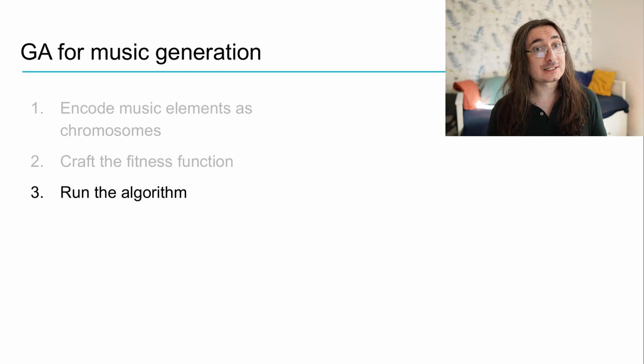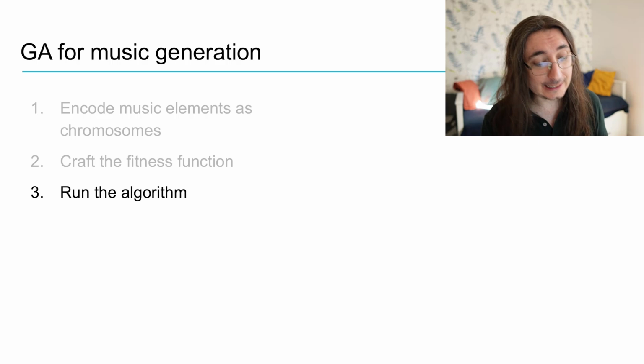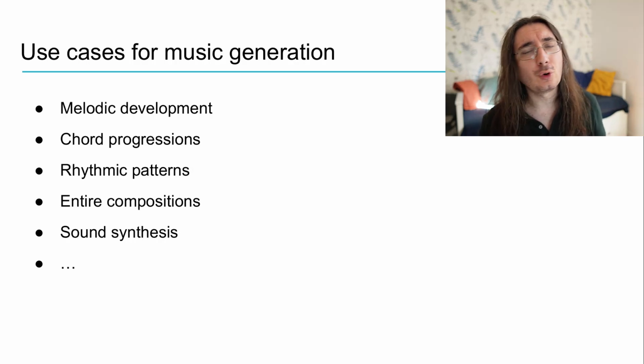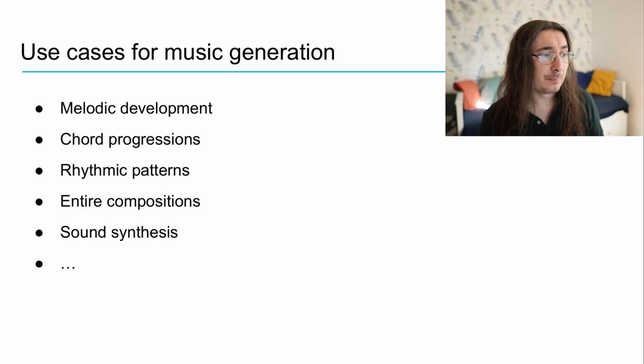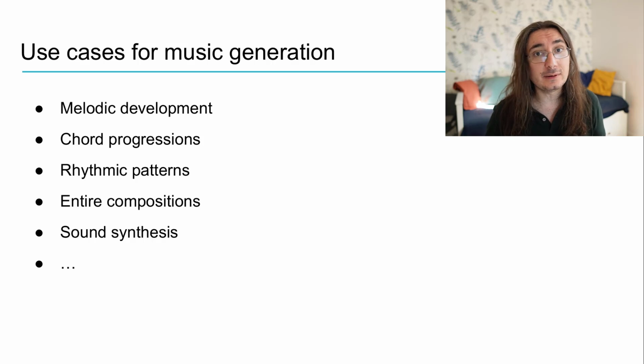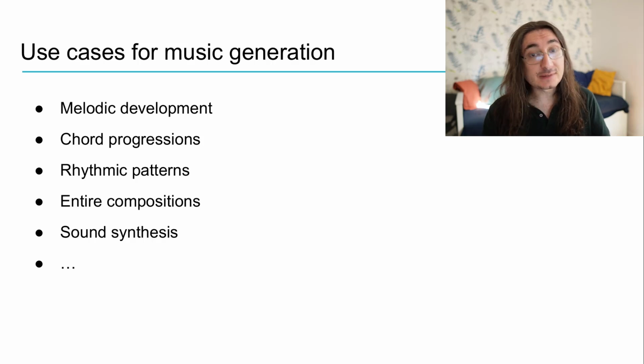The only musical stuff here is how you encode the musical information and crafting the right music fitness function for your musical use case. We can use genetic algorithms for generating all sorts of musical elements, like for example, melody, chord progressions, drum patterns, entire compositions, or even sounds through sound synthesis.